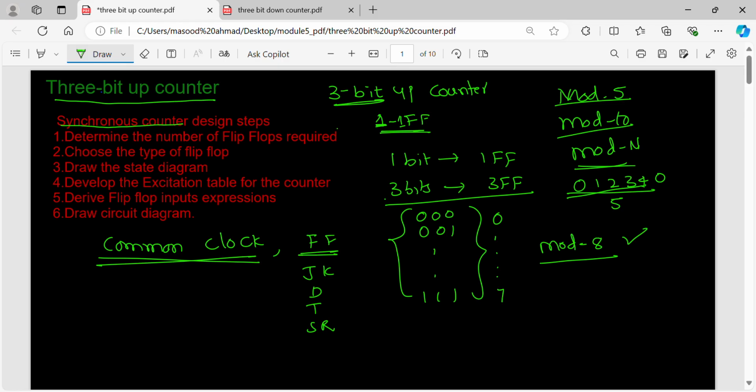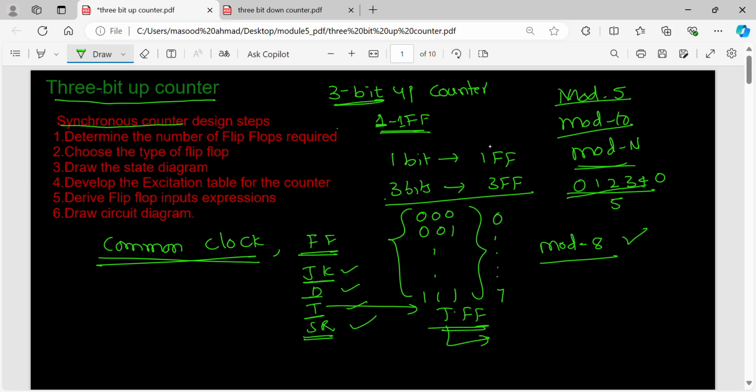Whatever flip-flop they ask for in the problem, you can use. You can use any one of them. But generally, prefer to use the T flip-flop. The T flip-flop is the toggle flip-flop.